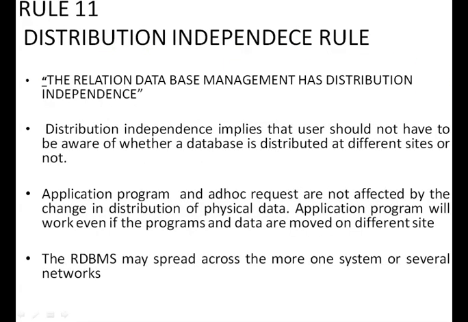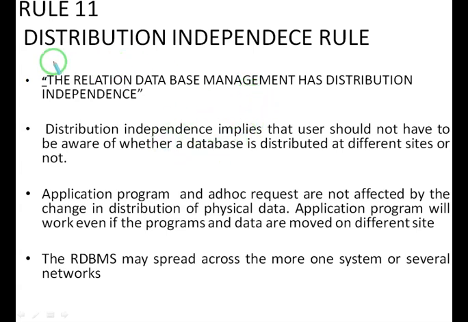Next is the distribution independence rule. This is the basic aim of DBMS. What? The distribution of the database at various locations should not be visible to the end user. Yes, we all know that for the user, where the data gets stored is hidden, to hide the complexity of the data structure.